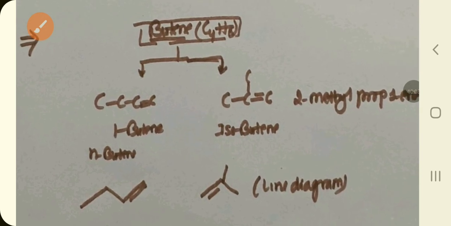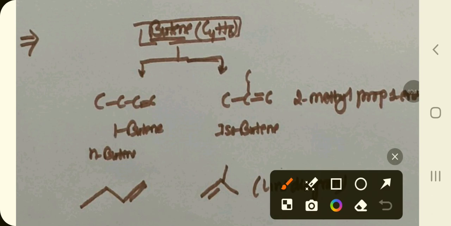So we can have the following isomers: 1-butene, which is called normal butene, and this is isobutene, and its IUPAC name is 2-methylprop-1-ene. You can see that the position of the double bond always remains constant, and you can represent the above formula in the form of a line diagram. Very simple.